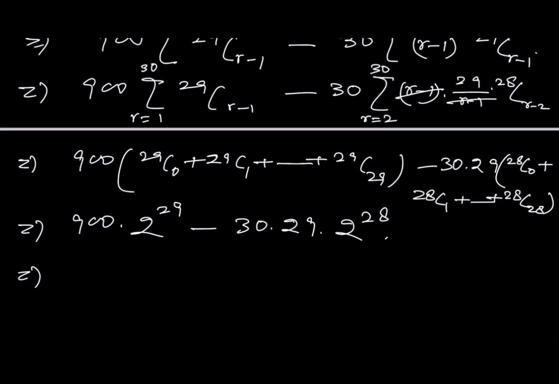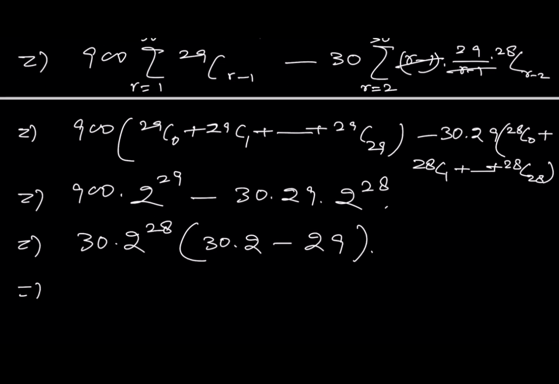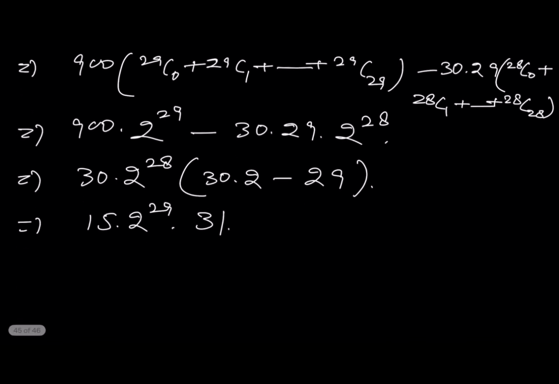If I take 30 into 2 to the power 28 as common factor, then inside the bracket it will be 30 into 2 minus 29, so it will be 15 into 2 to the power 29 into 31, because 60 minus 29 is 31. So it is 2 to the power 29 into 31 into 15, which is 465.